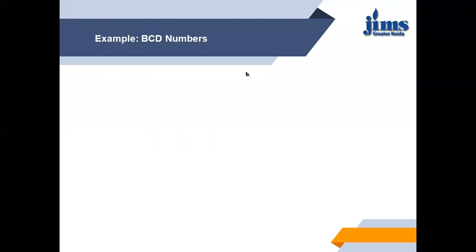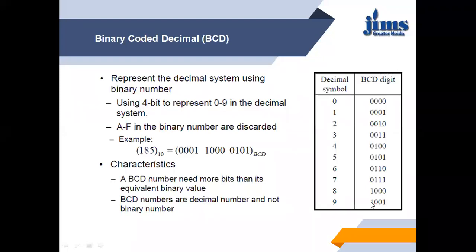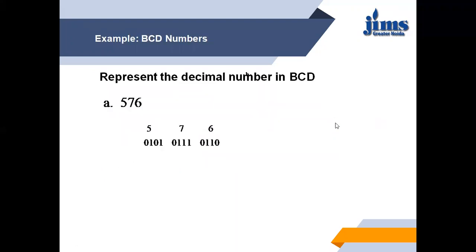I'll show you the table. 9 is 1001. 8 is 1000. 7 is 0111. 0 is 0000. And just write this number. This will be your answer in BCD.